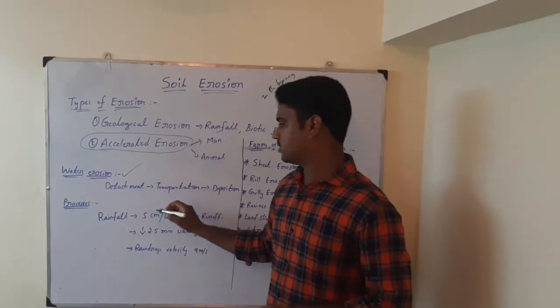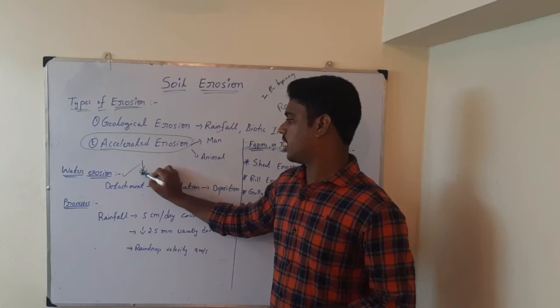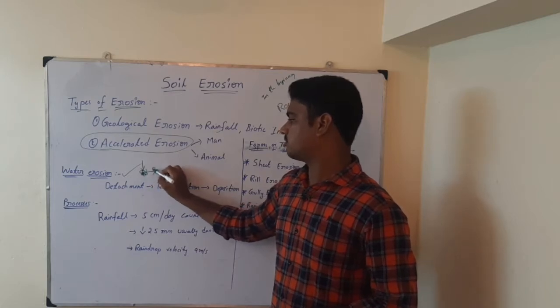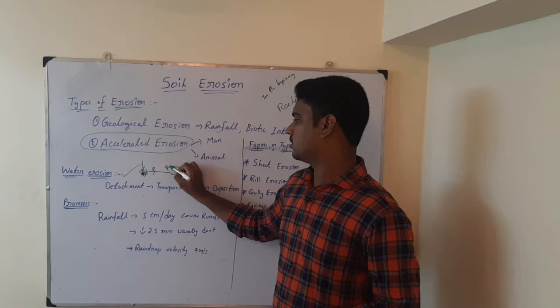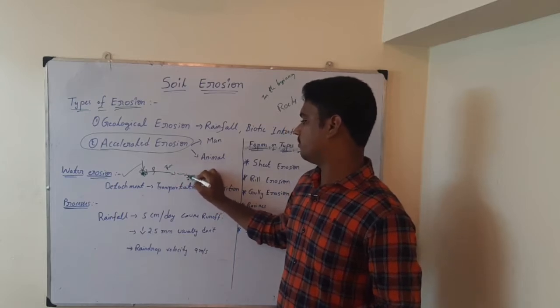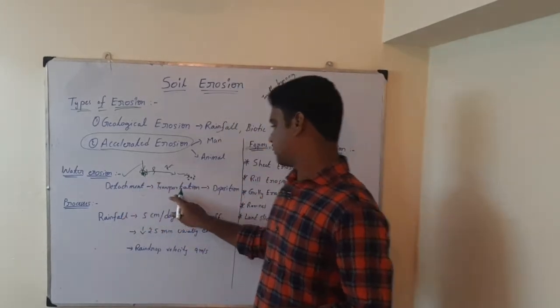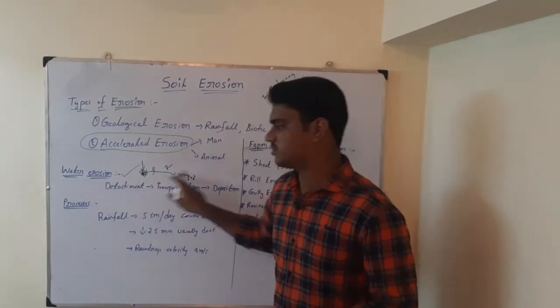So detachment: when raindrops hit the soil, soil particles get detached, transported, and deposited in any place where water gets stagnated. Detachment, transportation and deposition, these three steps are very important.